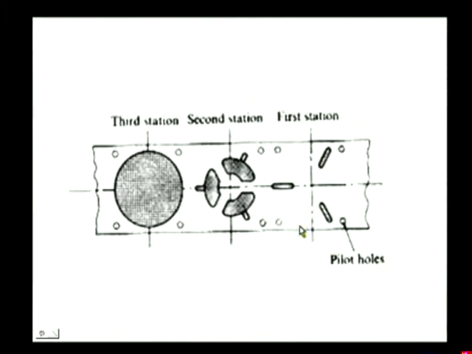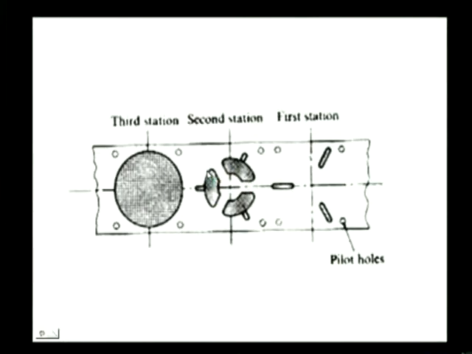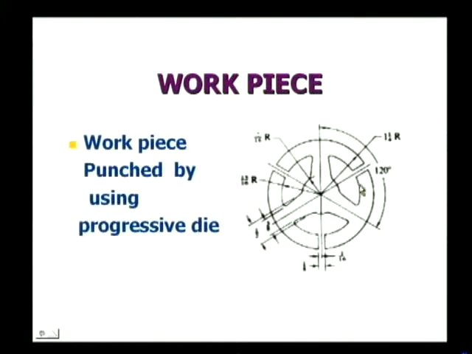Then the stock moves exactly to the second station, where the second punch causes a punching operation which removes this material. Next the same strip moves to the third station where it is exactly located, and this is a blanking operation. As a result, ultimately this workpiece is manufactured.